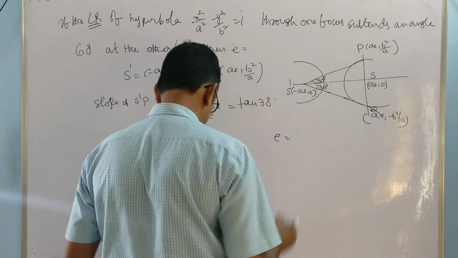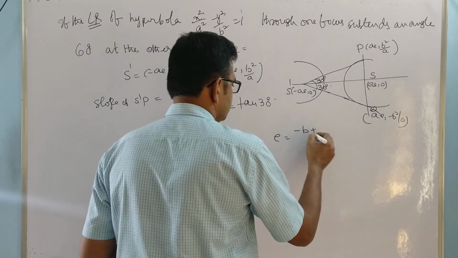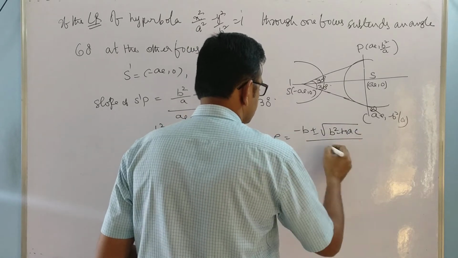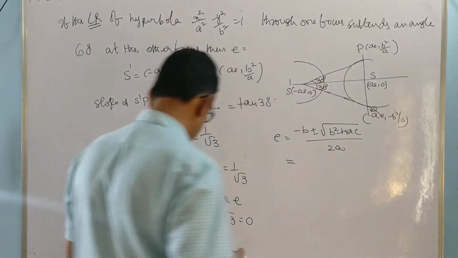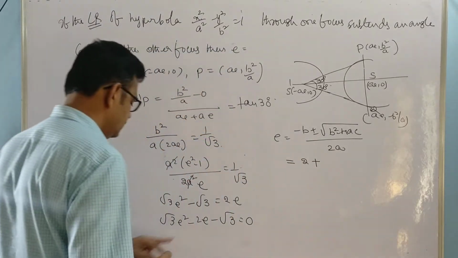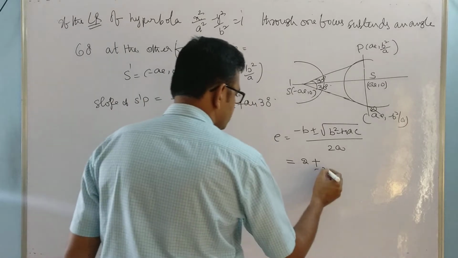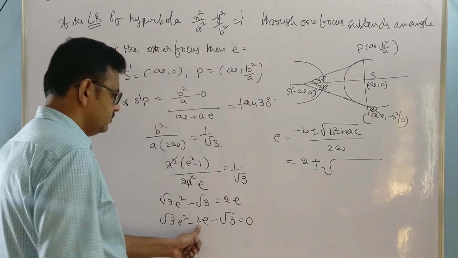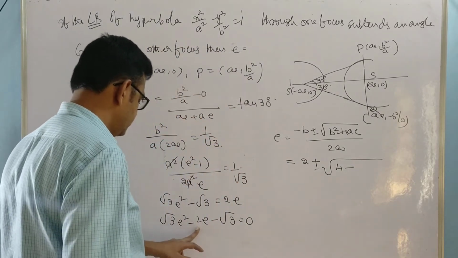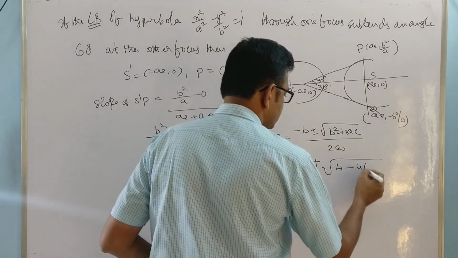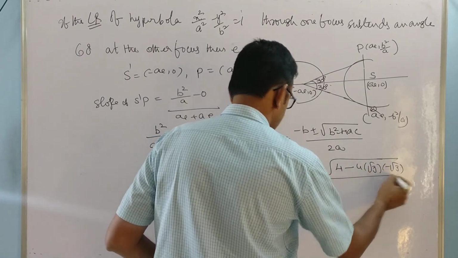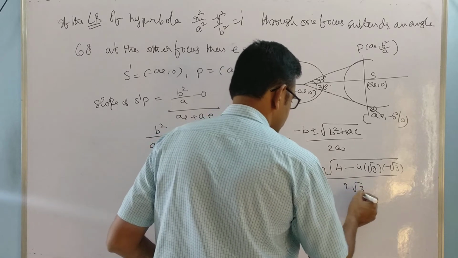Now by solving, what is e equal to? e equal to minus b plus or minus root of b square minus 4ac, by 2a, the formula. That is 2 plus or minus root of 4 minus 4 into root 3 into minus root 3, by 2 root 3.